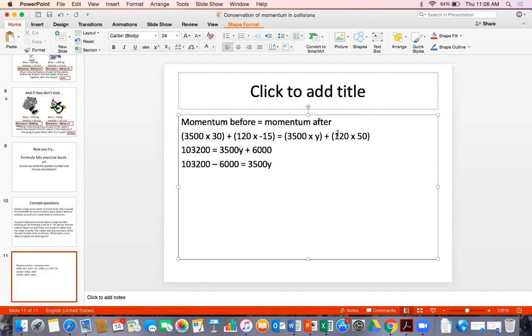Yes, you are right. So y equals 97200 divided by 3,500. Everyone can see me typing, right? Yes. y equals 27.8 meters per second. Understand?